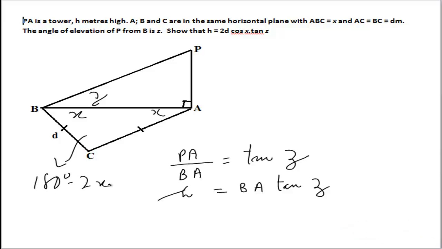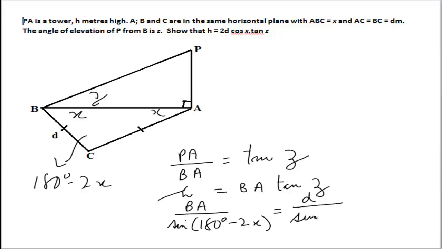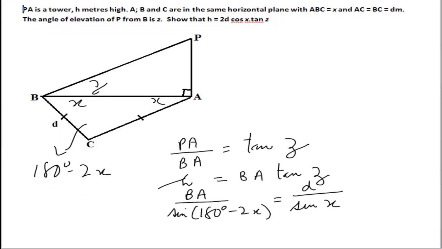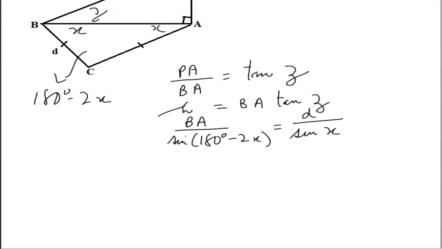And then we're looking at using the sine rule, which says BA over sine of 180 minus 2x is equal to D, any one of those two sides, D over sine x. So BA is equal to D times sine 2x over sine x, since sine is positive in the second quadrant.